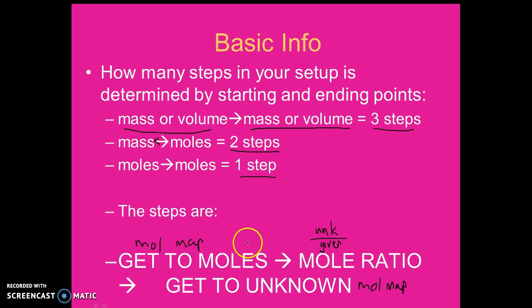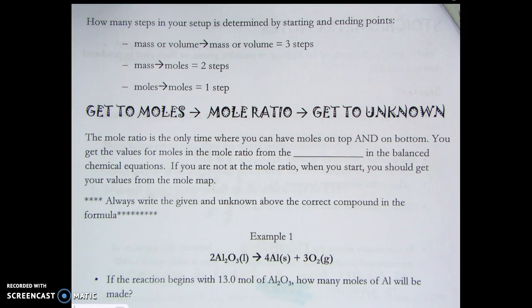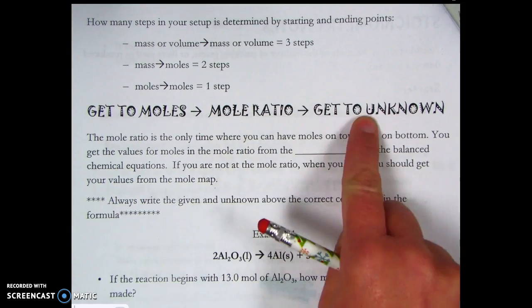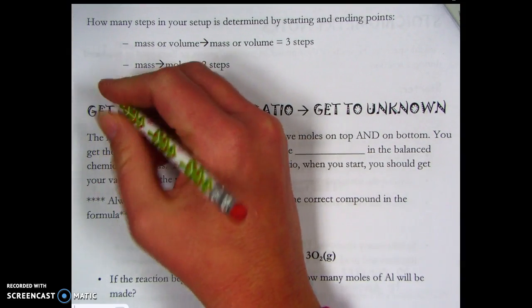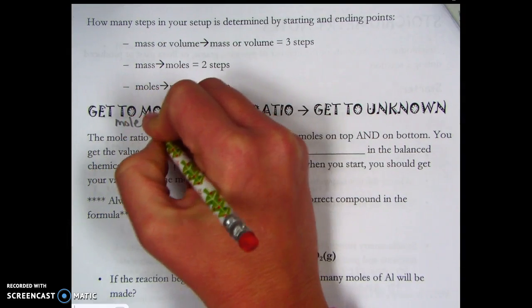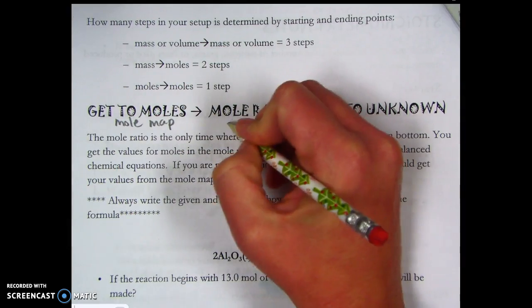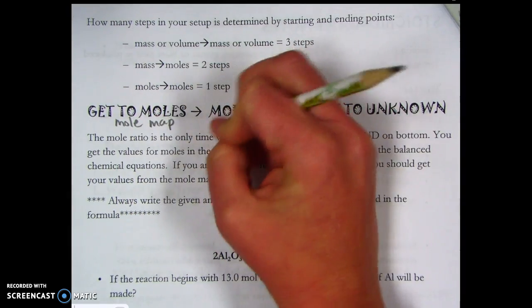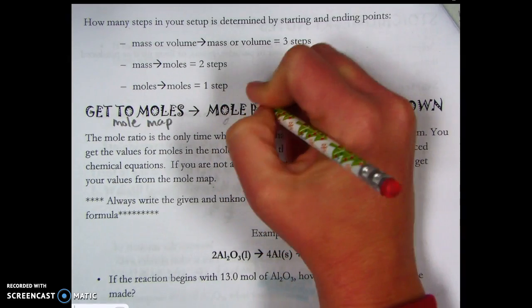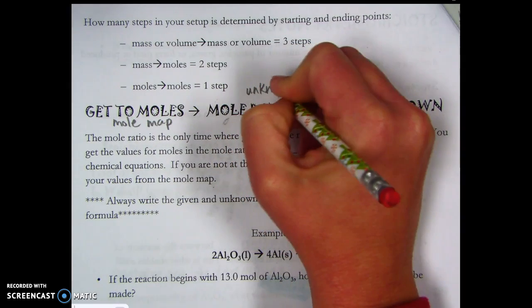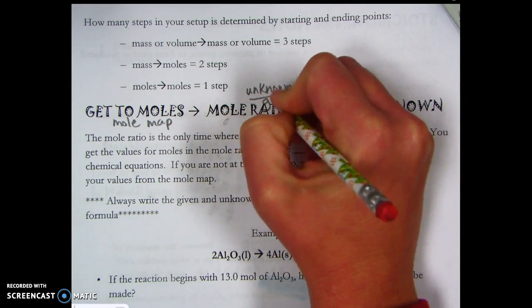So we get to moles, mole ratio, and get to unknown. This is my mole map. This is my unknown over given. I'm going to write that up here. Unknown over given.